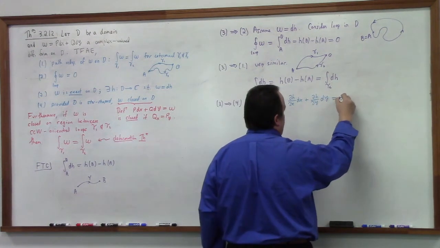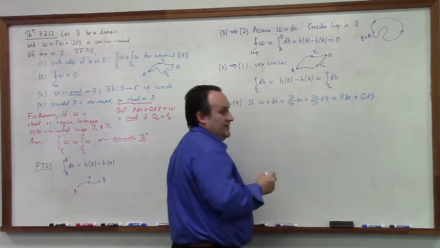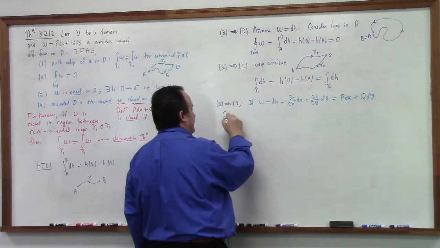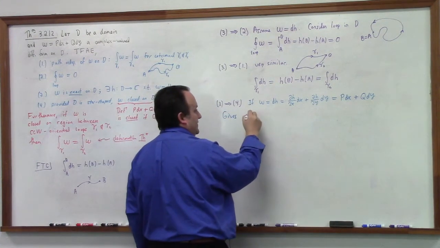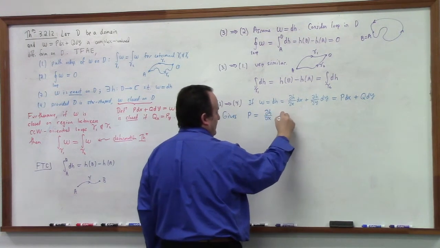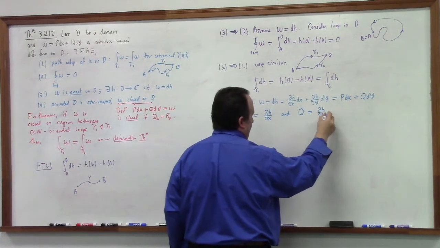And that's going to be, by our notation, p dx plus q dy. So the only way this can be true gives p is partial h partial x, and q is partial h partial y.